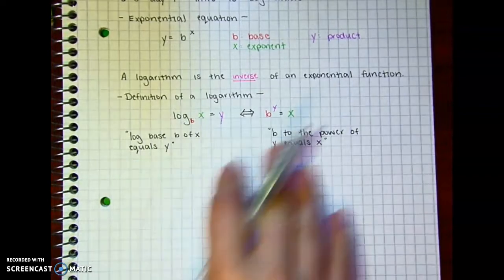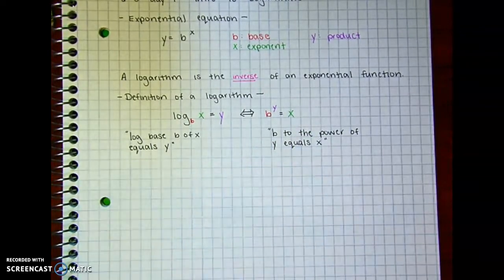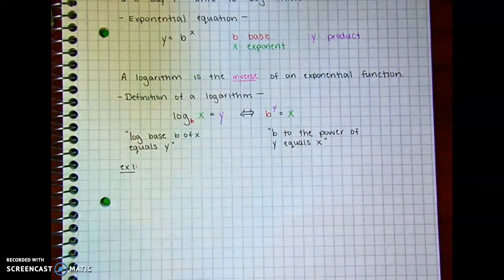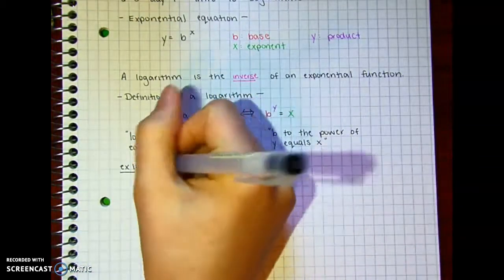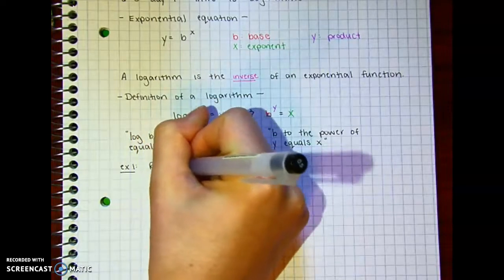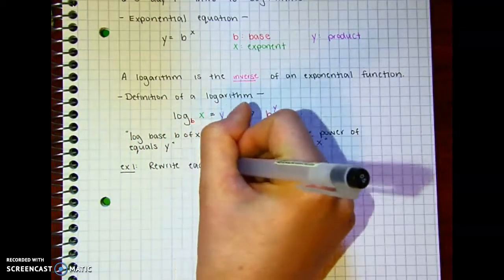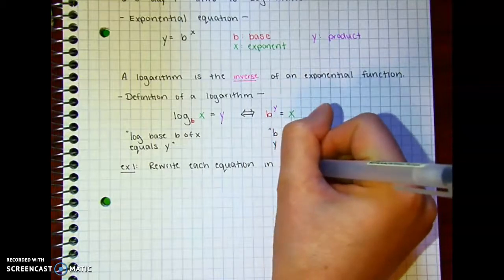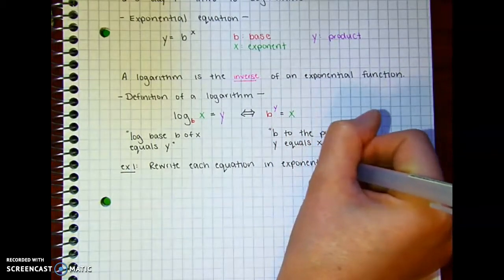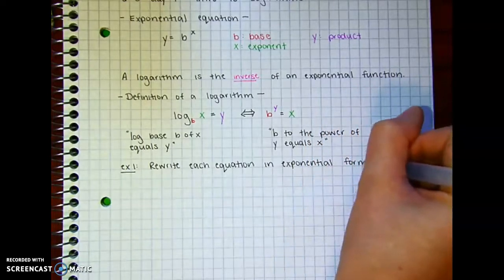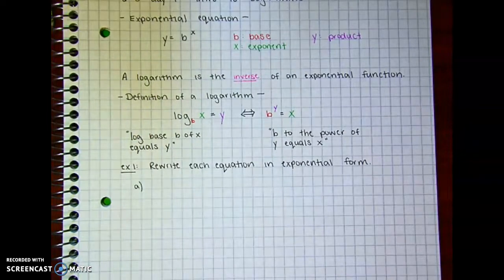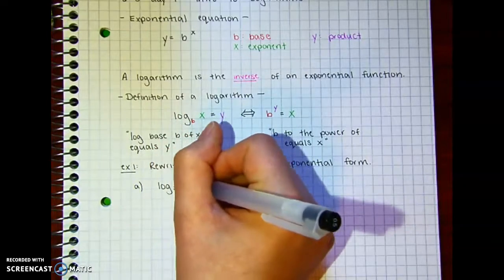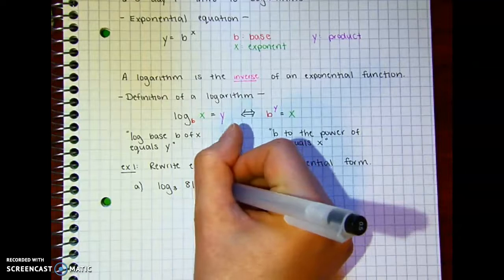All right, so knowing this, let's do an example. Rewrite each equation in exponential form. So the first one I'm going to do is log base 3 of 81 equals 4.